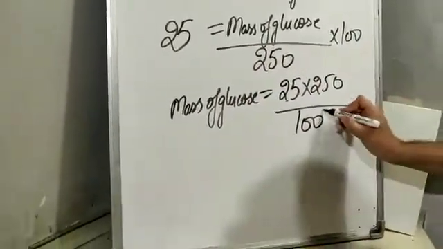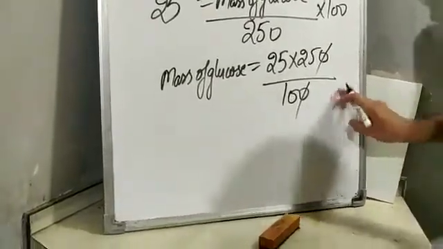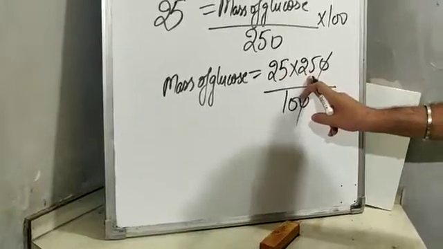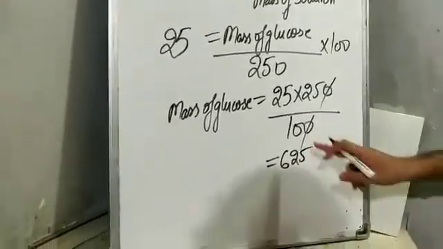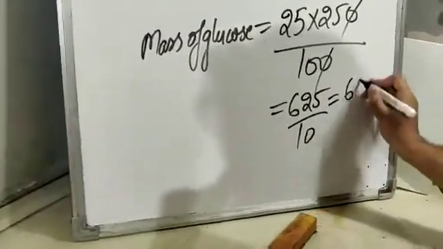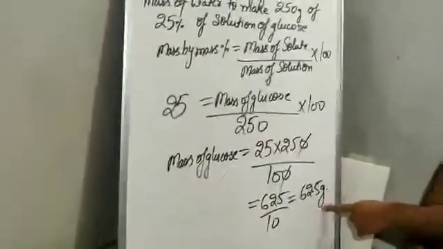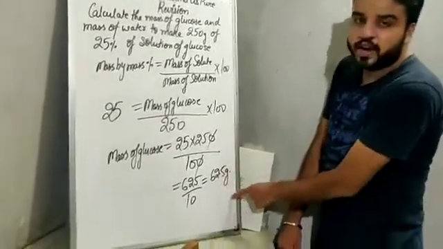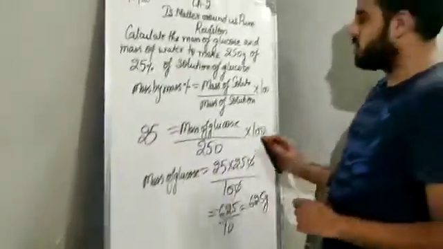Okay. So this 0 will cancel the 0. Now 25 into 25, it is 625. 625 divided by 10. So answer comes 62.5 gram. So mass of glucose is 62.5 grams.